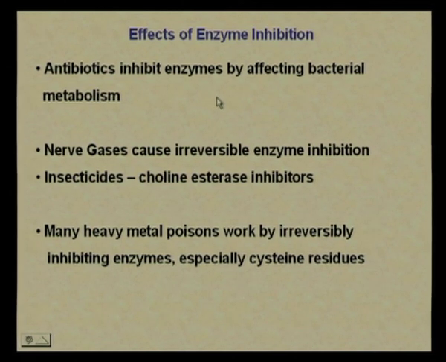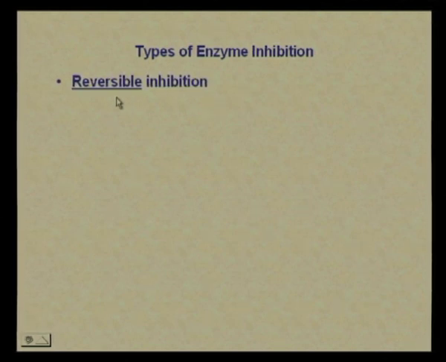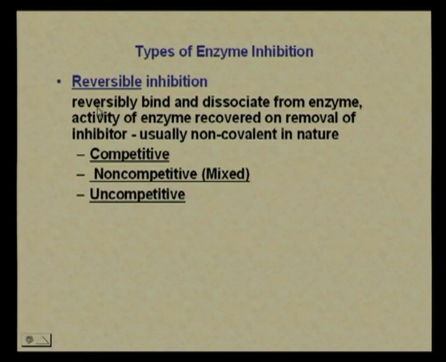So, how do we study enzyme inhibition, or what are the different types of enzyme inhibition? Actually, there are two different types. We have reversible inhibition. Now, reversible inhibition can be of three types. In reversible inhibition, as the name implies, the inhibitor can bind and dissociate from the enzyme.